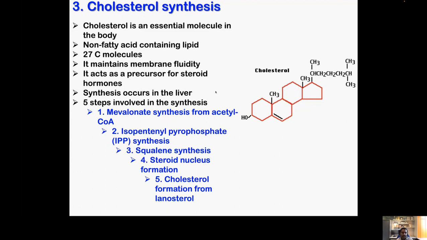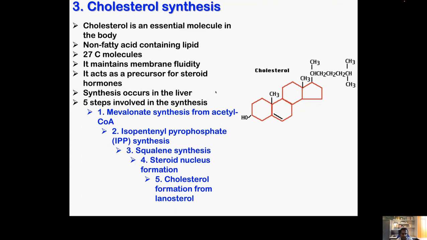So what are these 5 major steps? The first step is called mevalonate synthesis. Cholesterol biosynthesis will utilize acetyl-CoA, the 2 carbon containing molecule, to produce a molecule called mevalonate.